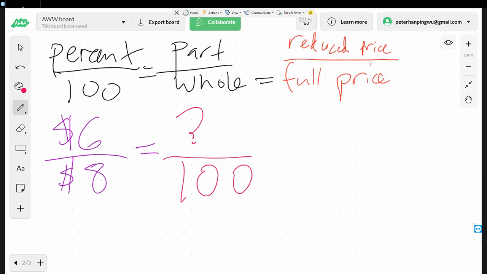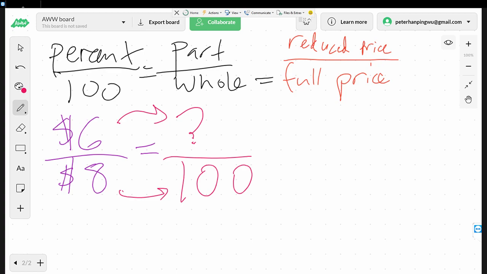So my question to you is, how do we find this percentage? Well, we have equivalent fractions, and we could look at something that we can multiply 8 by and multiply 6 by to get from 8 to 100. But is 8 a factor of 100? Is there something we could multiply 8 by to get 100? There isn't.